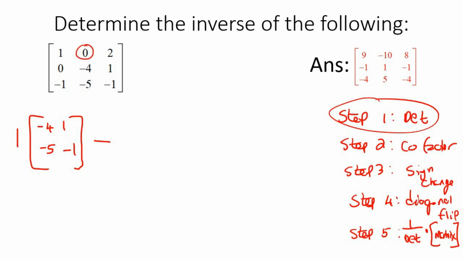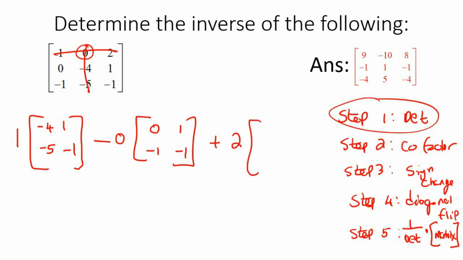You minus this number, and then you put a line through that, and that becomes your new matrix, 0, 1, -1, -1, and then you say plus 2, and then you put a line through and through, and whatever's left over there: 0, -4, -1, and -5.